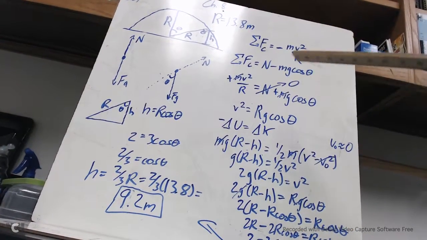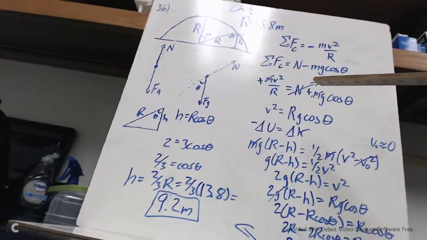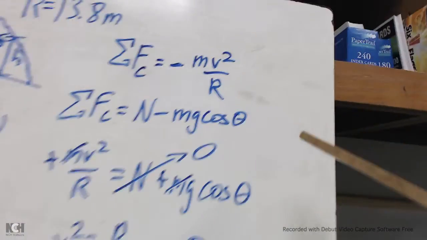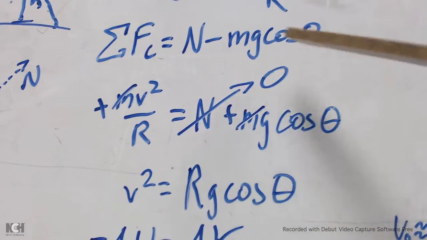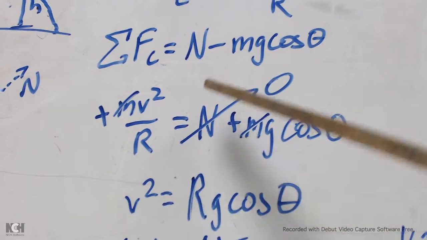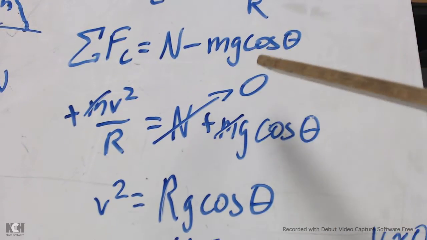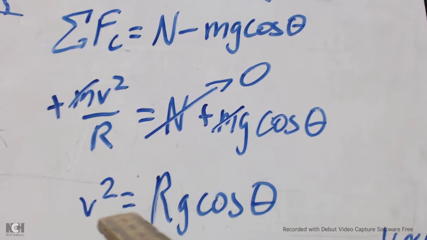Now we're gonna do a little bit of trickery here that you may or may not consider valid, but you're gonna assume that at the point that the boy actually comes off the ice mound, the normal force is equal to 0 here. So then we just do some algebra and we solve for v squared.